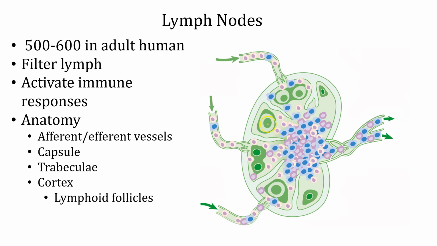Now a follicle is a place where there are many, many lymphocytes. Generally how it works is there's a thing called a germinal center. In a germinal center there's a B cell that is cloning itself, preparing for war against a pathogen. We said that there are billions and billions of different kinds of B cells out in the body. Each one of those B cells can detect and bind a specific pathogen.